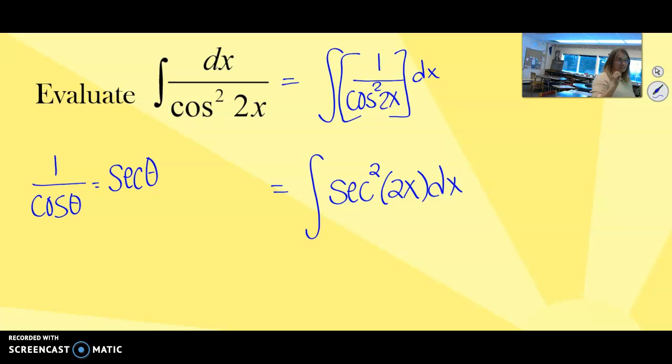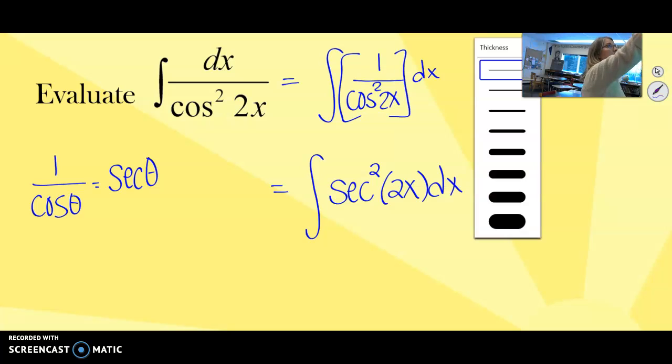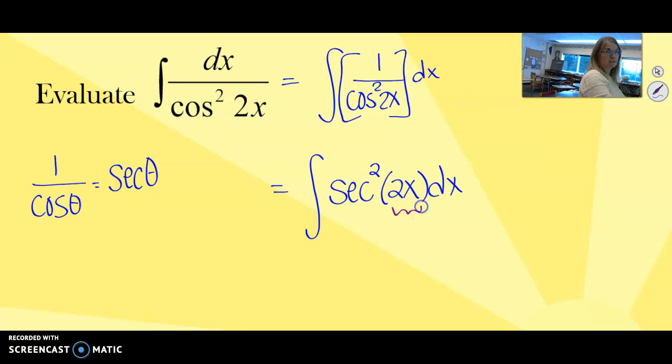The reason I want to do this is because I have an antiderivative for secant squared of x, which is tangent of x, but now I have this 2x. So I've got to do something with the 2x, and here's where my u substitution is going to come in. If I let u equal 2x, then du would be 2 dx. I have a dx here, but I don't have a 2.